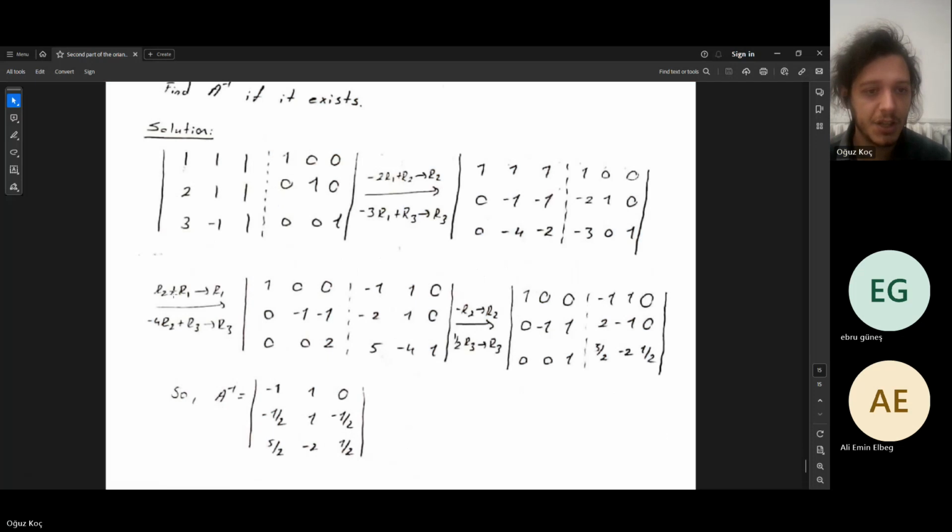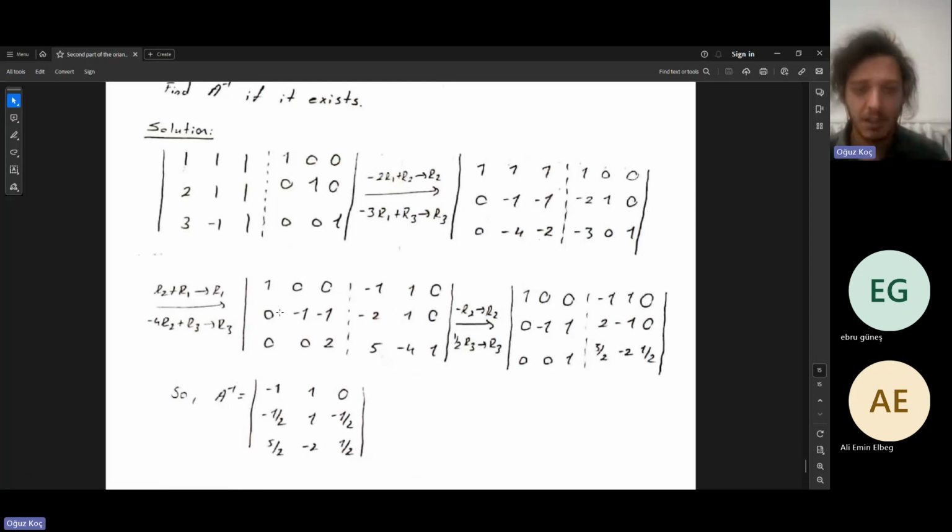After that, we add the second row to the first row in order to make those values 0, which is seen as here. And then we subtract 4 times the second row from the third row. We make this value 0 and make this value 2.